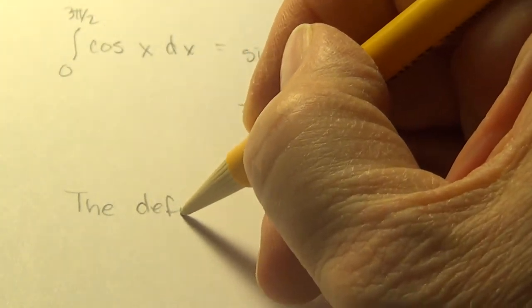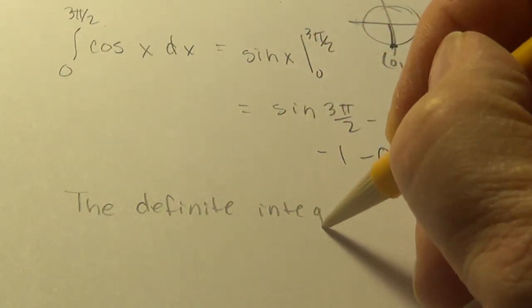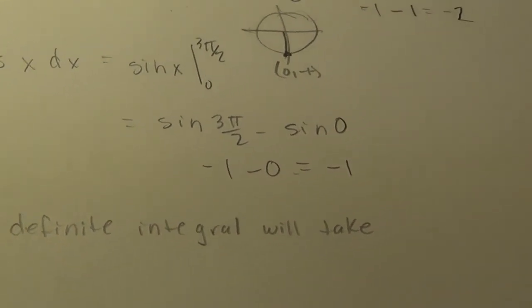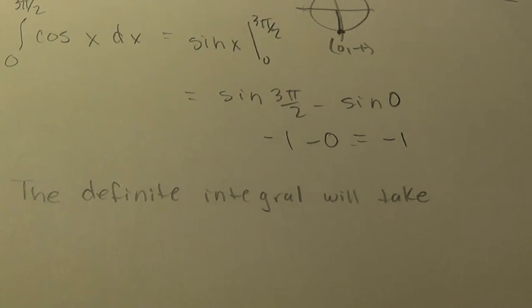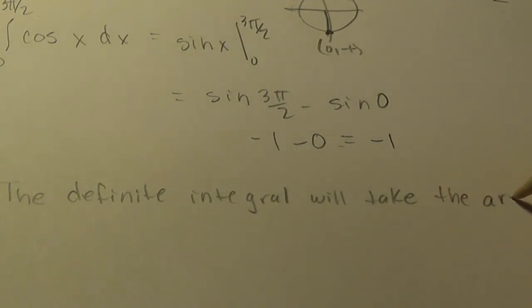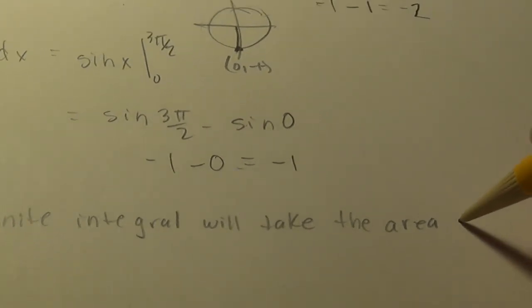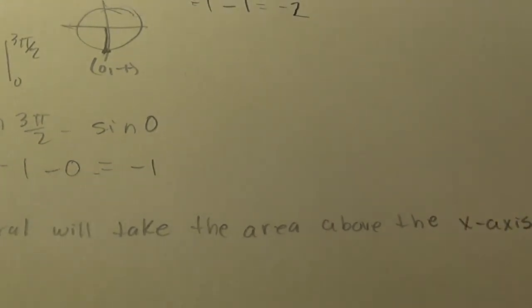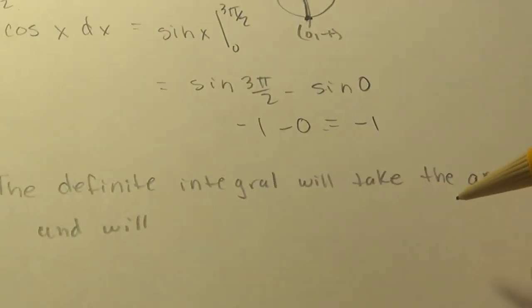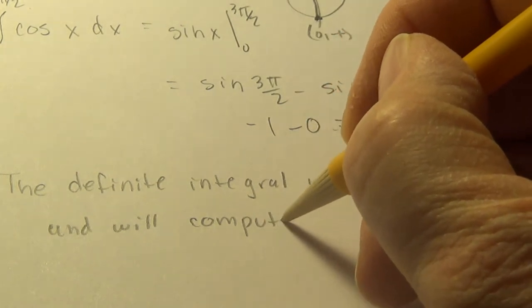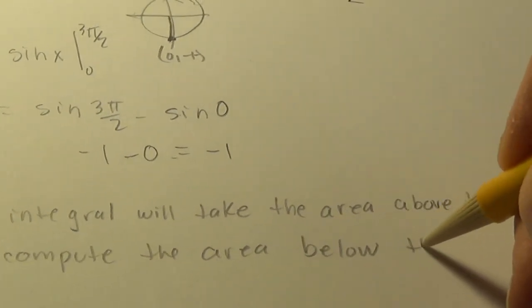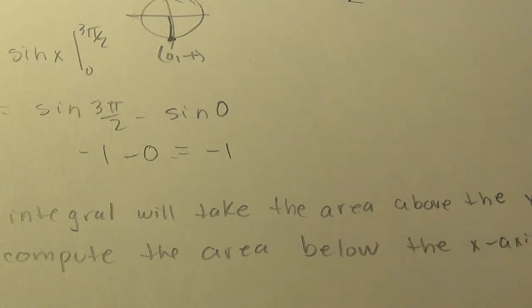The definite integral will take the area above the x-axis as positive and will compute the area below the x-axis as negative.